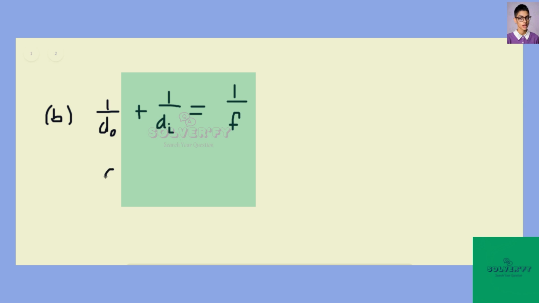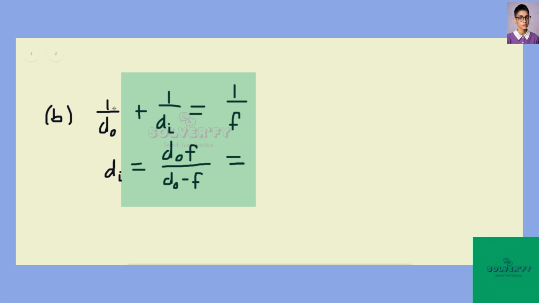Therefore, the distance to the image, which we were asked to calculate for part B, is going to be equal to the distance to the object times f divided by the distance to the object minus f.